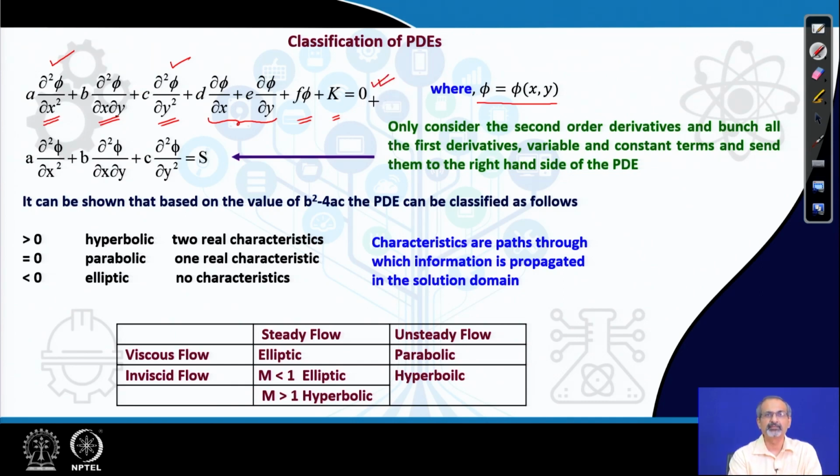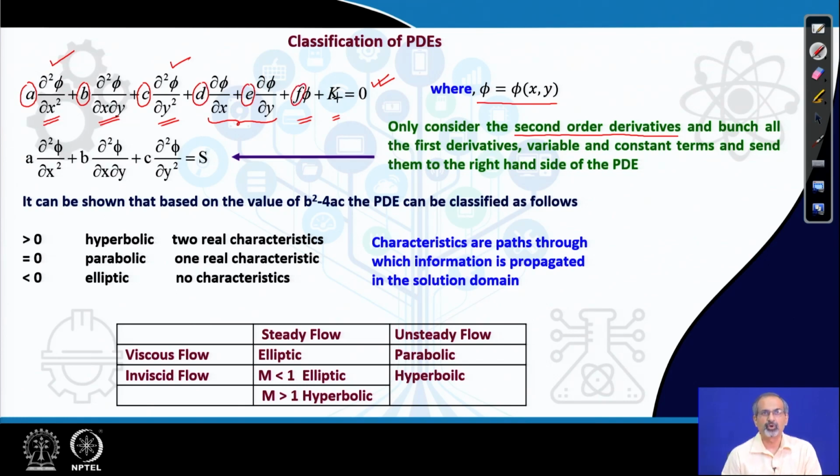When we classify this partial differential equation into one of those three categories, the first important thing to keep in mind is that we only consider the second order derivatives while we do this categorization. There are coefficients associated with each of those terms, whether second order derivative, first order derivative or the phi term.